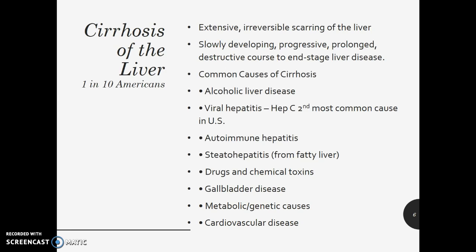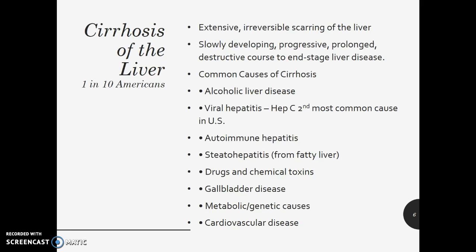Common causes that you see are alcohol consumption and also viral hepatitis. Hepatitis C is the second most common cause of cirrhosis in the United States. There is also autoimmune hepatitis, a reaction where the liver becomes inflamed because of autoimmune problems. I mentioned already fatty liver that occurs with obesity. There are certain drugs and chemicals that can be toxic to the liver and can cause damage and scarring as well.